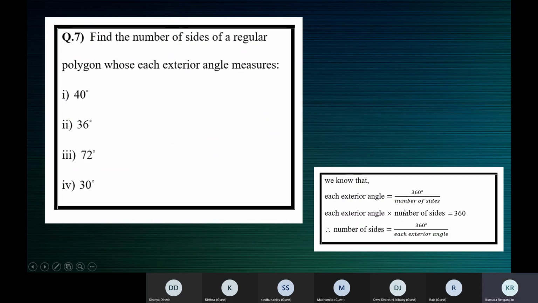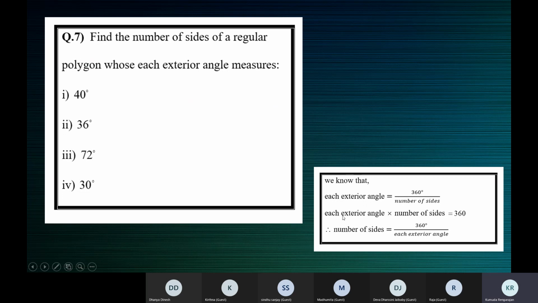See this one, children, if we understand this, look at this one. Each exterior angle is 360 by n, number of sides.